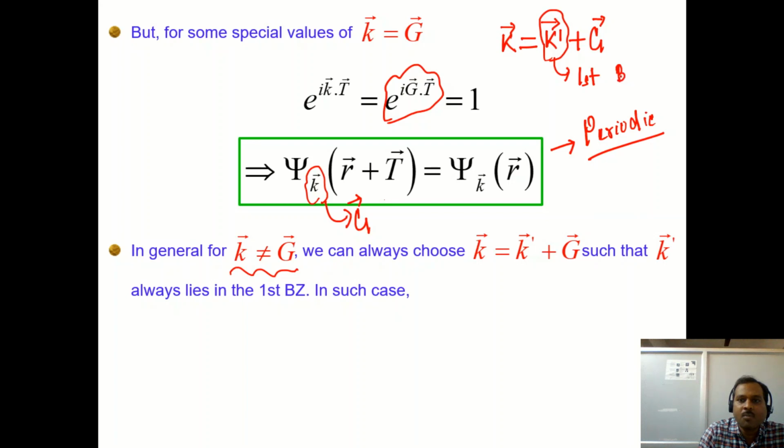We will be discussing in more detail in the coming slides how to construct the first Brillouin zone for a lattice, but the logic that we are applying here is that instead of taking care of all the values of k, we can restrict the values of k inside the first Brillouin zone through this relation, that is k is equal to k prime plus G.